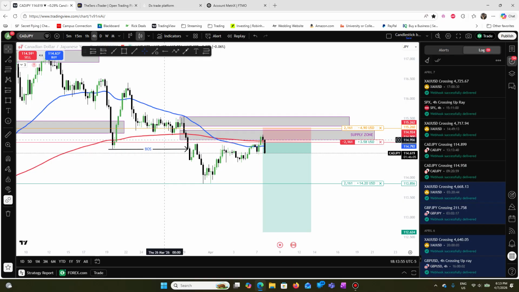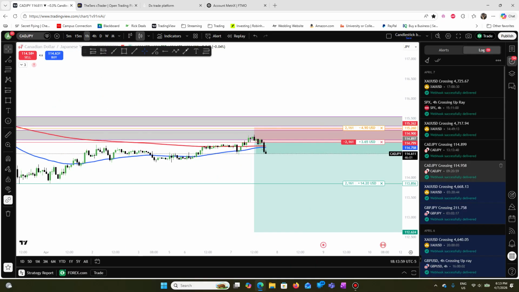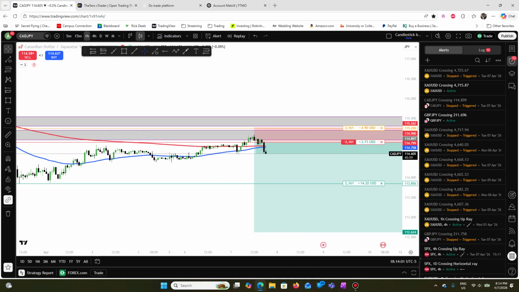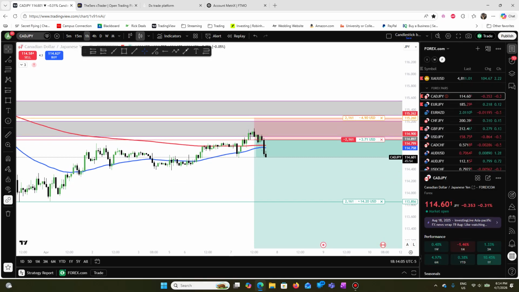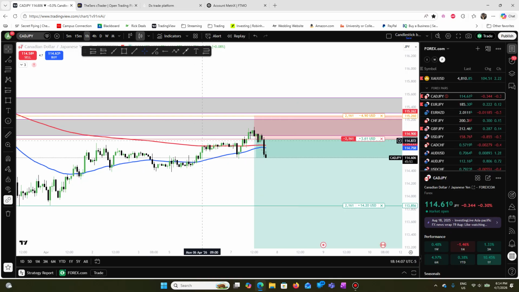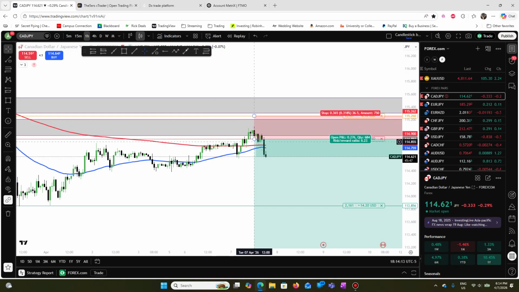Now, for me to be sure that you've tapped into my zone, are you going to come out of my zone or are you going to go into the next zone? What I did was I then had a second alert right on this level right here where I took the sell, to say, okay, you've tapped into the zone. Are you going to go below this candle, below this weak candle?